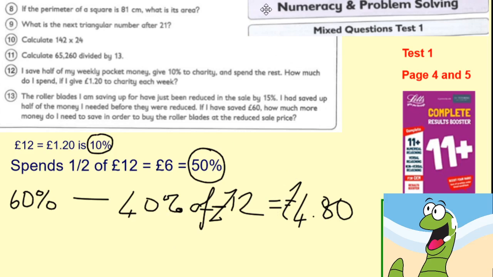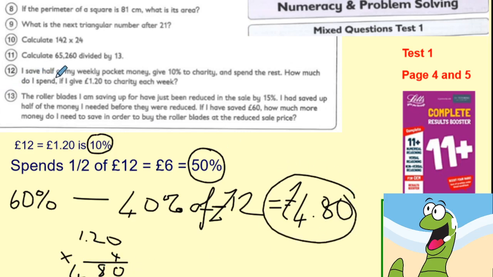And the way we get to £4.80 is, if 10% is £1.20, that would be £1.20 multiplied by 4, and that gives us 4 times 0 is 0, 2 4s are 8, 4 times 1 is 4, and that's our answer, £4.80. So how much does he spend? He spends £4.80 each week.